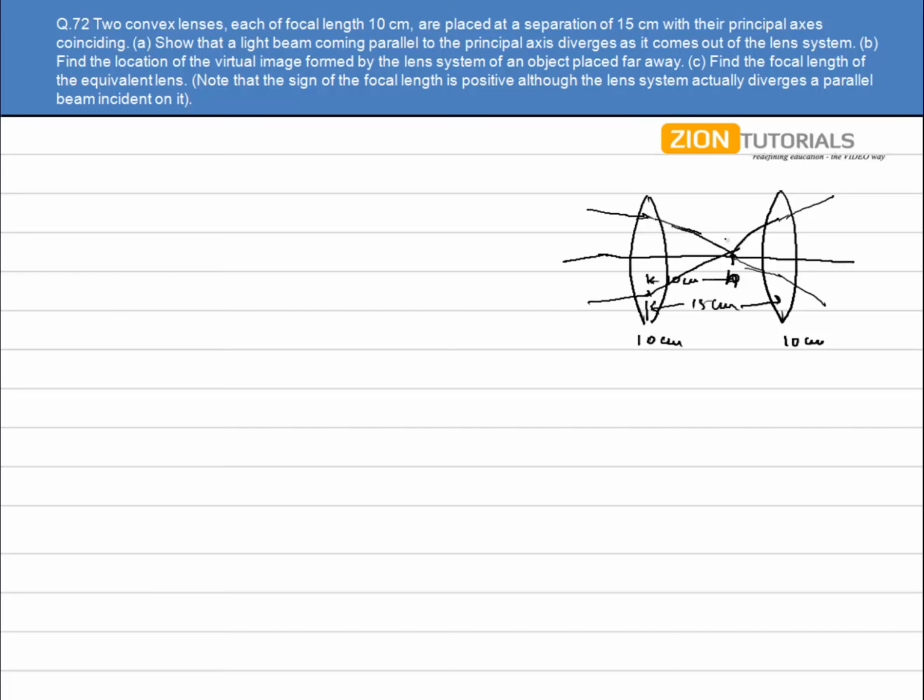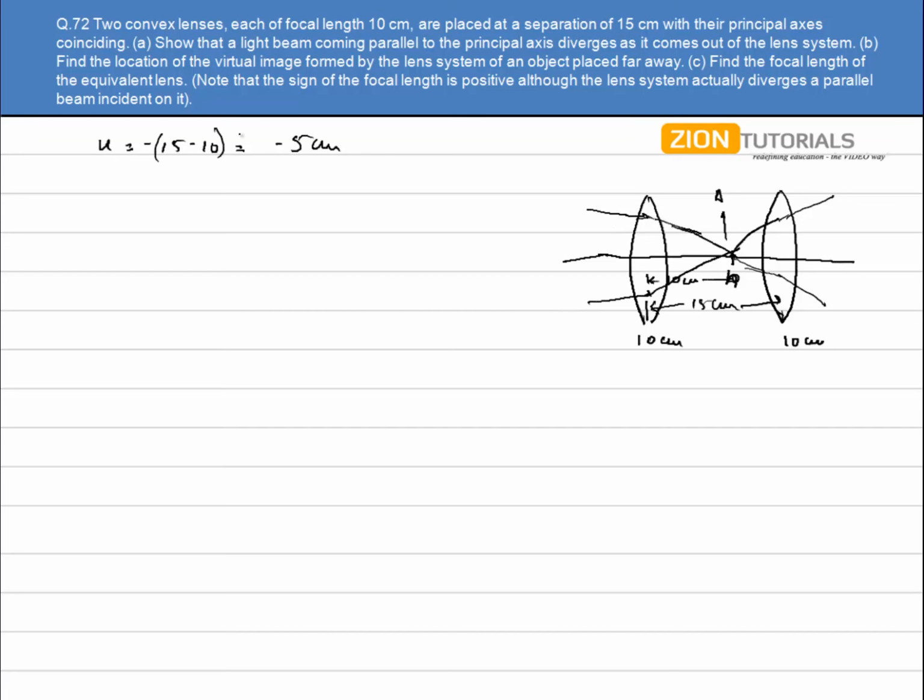Now first of all, it is very clear that from the first lens, the first image will be formed at point A, that is at the focus, at a distance of 10 cm from the first lens. So the distance from the second lens will be 15 minus 10, that is 5 cm, and of course if I take the sign convention, that will be negative because it is at a distance of 5 cm on the left hand side.